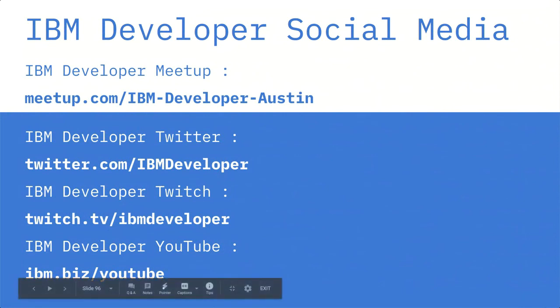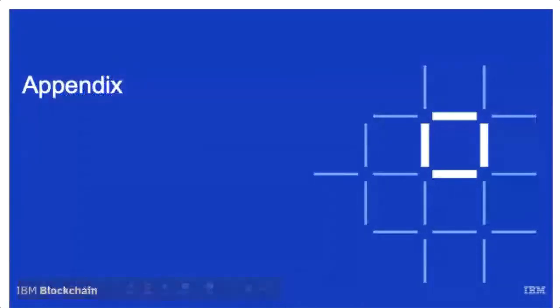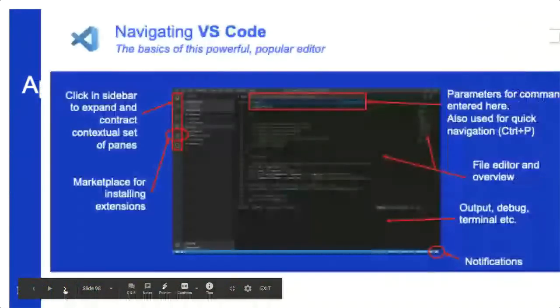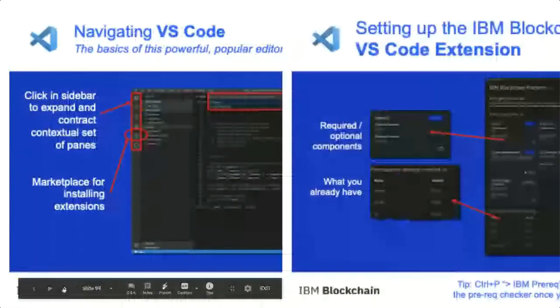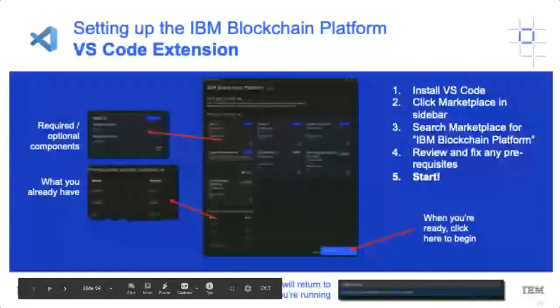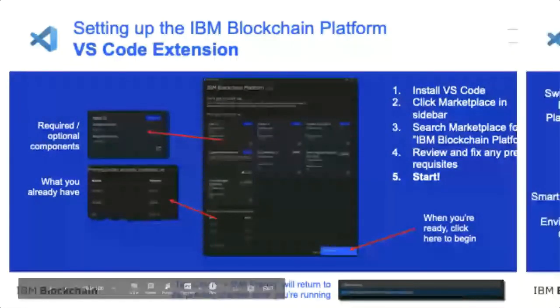Daniel provided me with this really fantastic appendix that I wanted to share with all of you. I know he had to go, but we have an appendix here going through all of the different features of the VS Code extension for the IBM Blockchain Platform. This shows you required and optional components, what you already have, and all of the features of the extension.